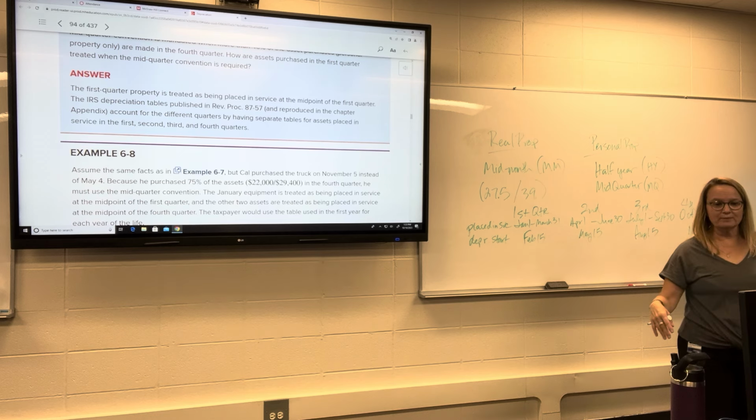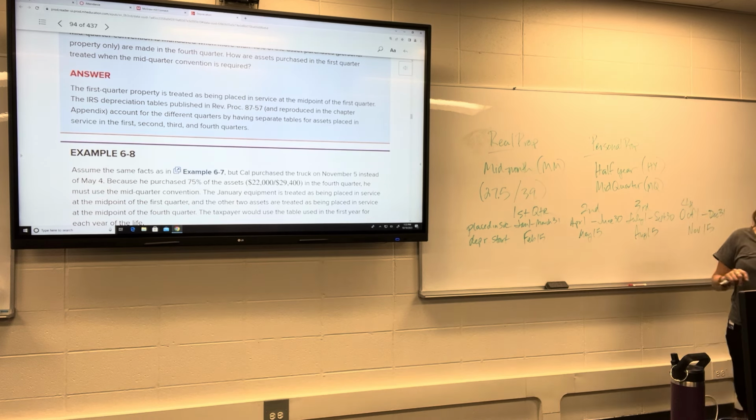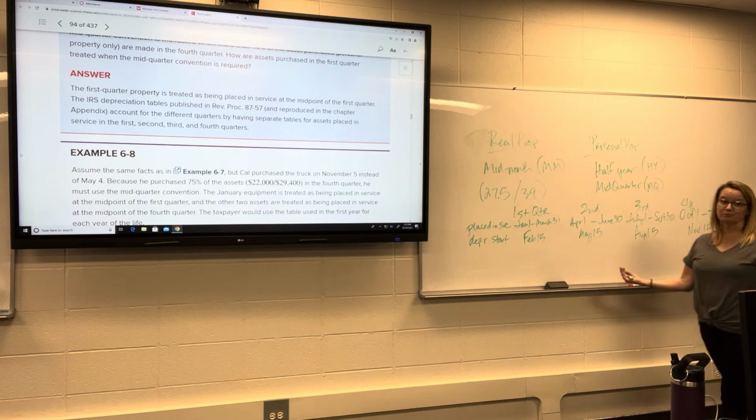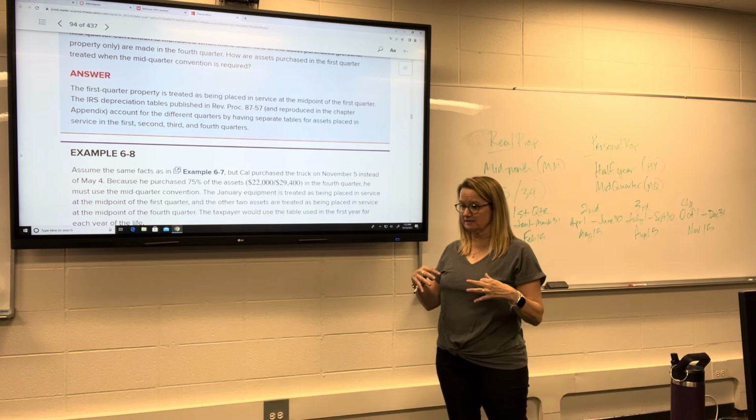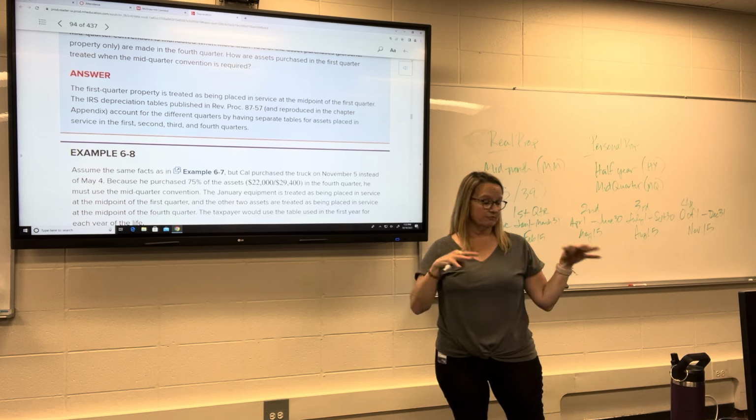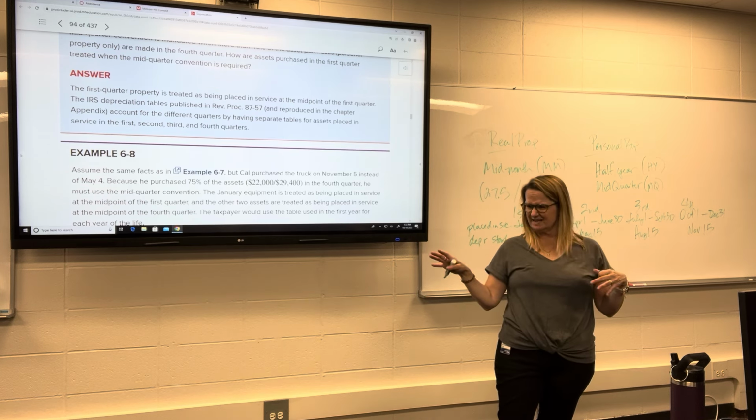You buy say $100,000 worth of equipment on December 31st, and you expense it. You probably even borrowed, so you're not even out the cash. But in that year, you get to take half a year of depreciation, even though you bought it on December 31st. So it helps to mitigate that abuse of taking advantage of the timing. Does that make sense?